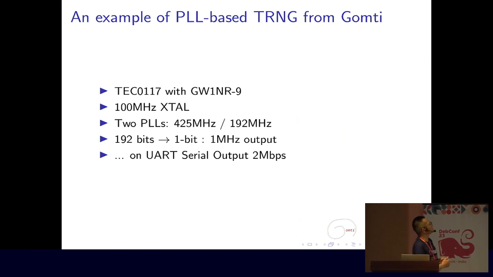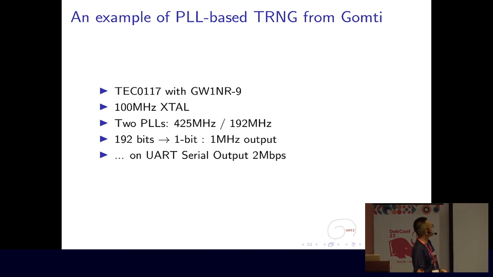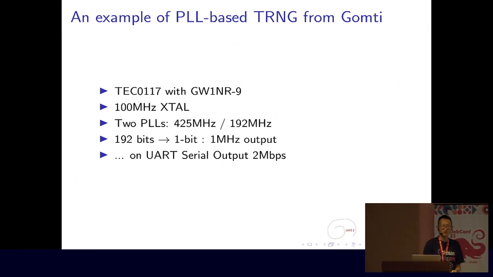This is a concrete example. In today's demonstration, I use a Tang Nano 9K board, which has a Gowin GW1NR-9 FPGA chip, and it has a 100 megahertz crystal and 2 PLLs. I configure it for 425 megahertz and another 192 megahertz.